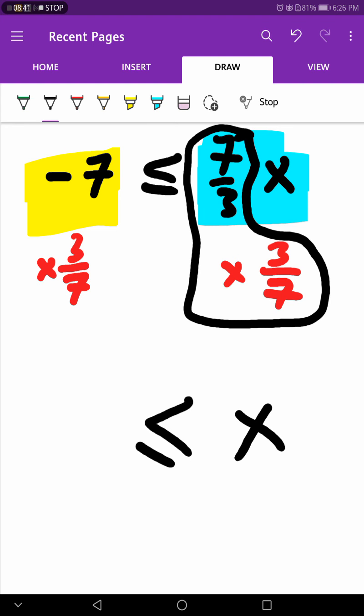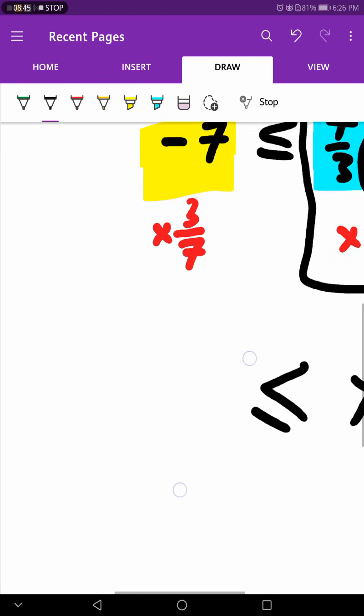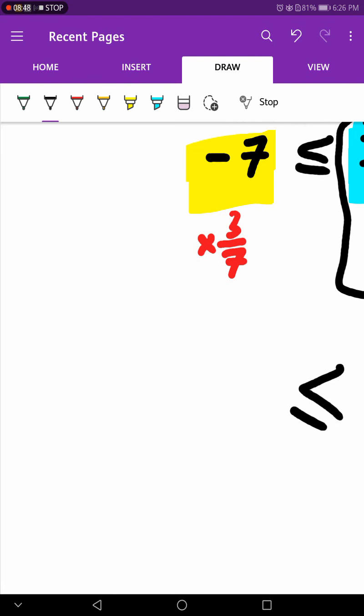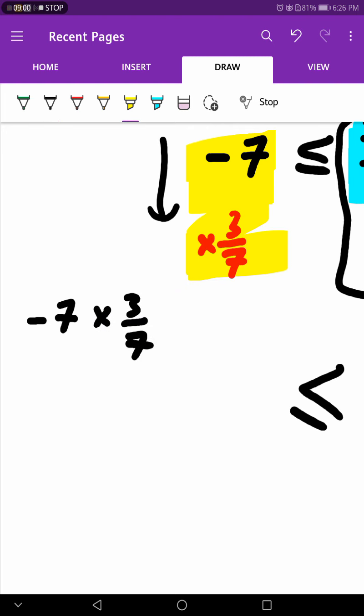And 7 multiplied by 3 over 7. It is negative 7. I will show my students. So I will start from here. Negative 7 multiplied by 3 over 7. Now this is over 1.